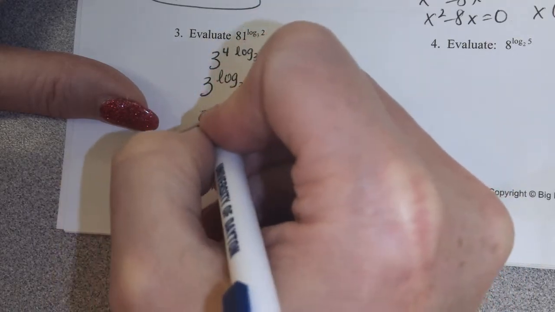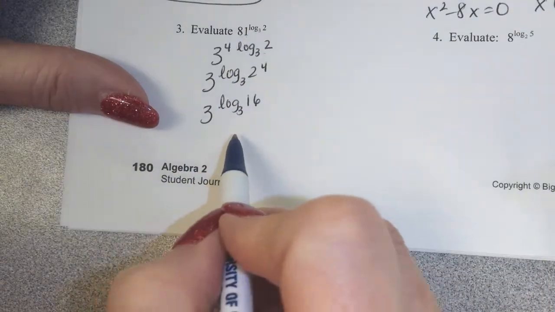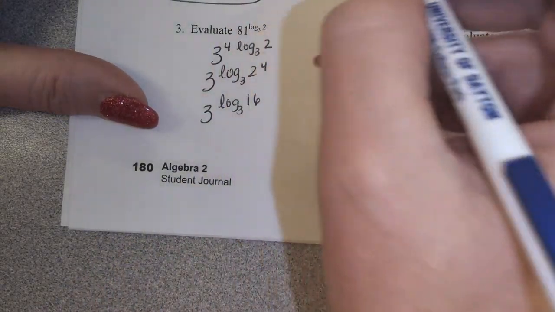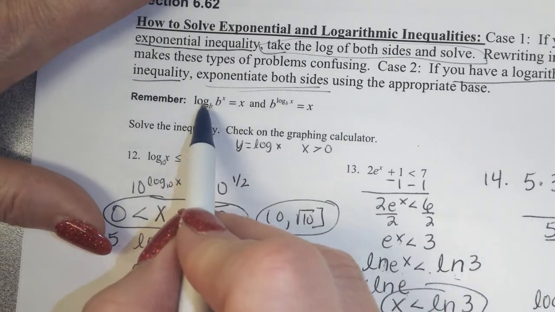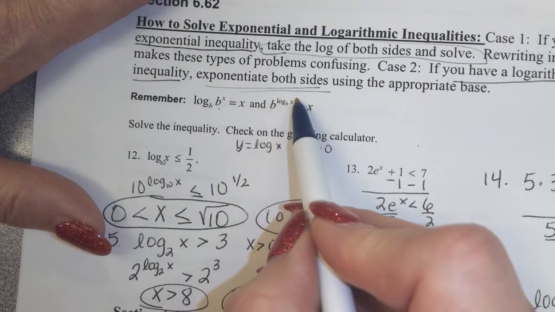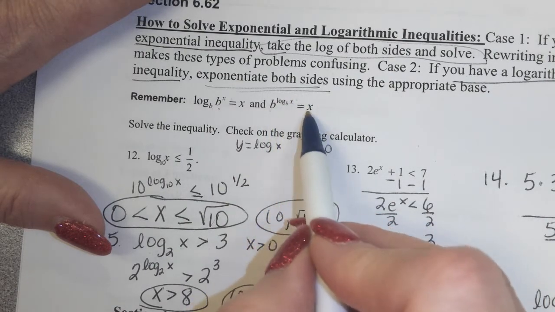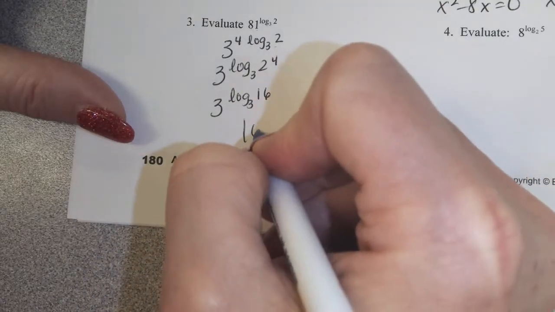Well, now I have 3 to the log base 3 of 2 to the 4th, 16. Finally, I have this in that form where, back up here at the very beginning, if I have log base b of b to the x, or if I have b to the log base b of x, this answer is just going to be x. That's the situation I'm looking at here. So this answer just has to be 16.